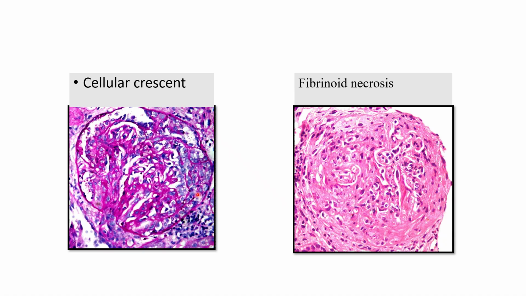So this crescent is a cellular crescent, and the crescent should be more than or equal to two cell layers thick. And next is fibrinoid necrosis. We can see this deep eosinophilic material, that is fibrin. This is fibrinoid necrosis.